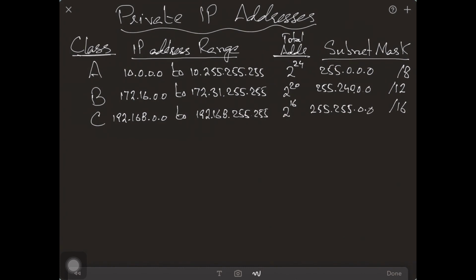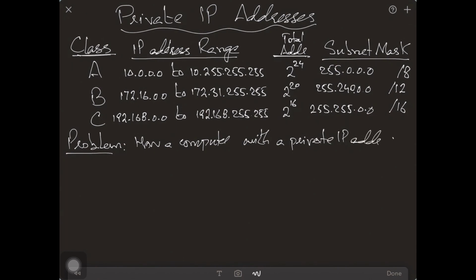Now, everywhere in an intranet, the organization uses these private IP addresses. The problem which comes up now is how a computer with a private IP address can access the internet.